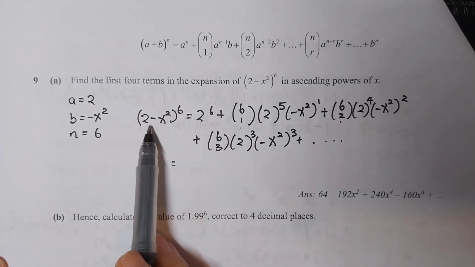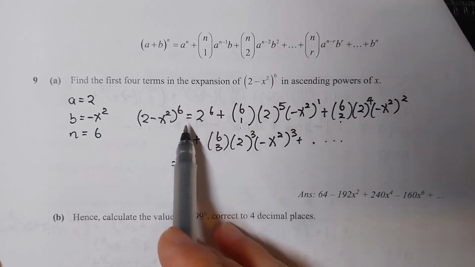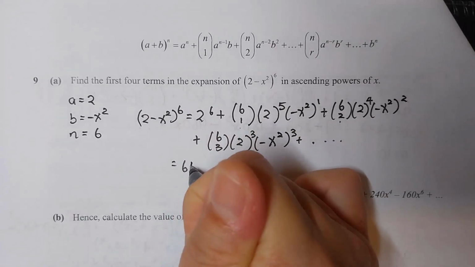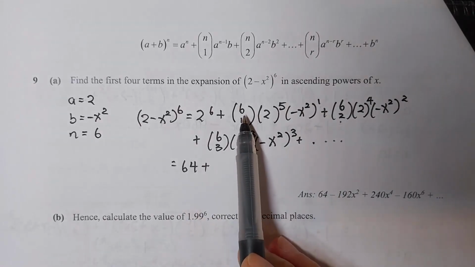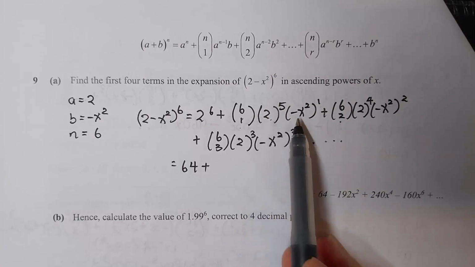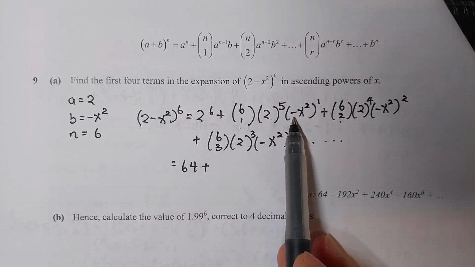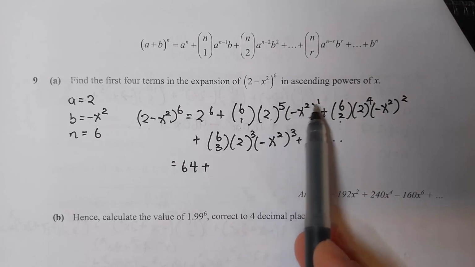Now, due to the minus sign here, let us be a bit careful when we are doing our expansion here. So 2 to the power of 6 is actually 64. We will have to multiply 6 choose 1 with 32 here and a negative here. So this part will be negative because this is an odd power.